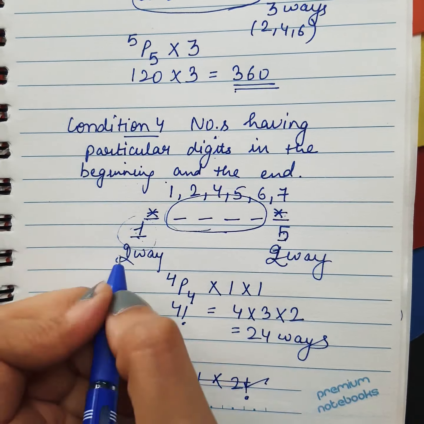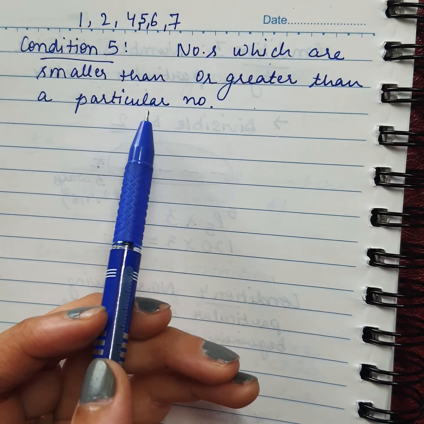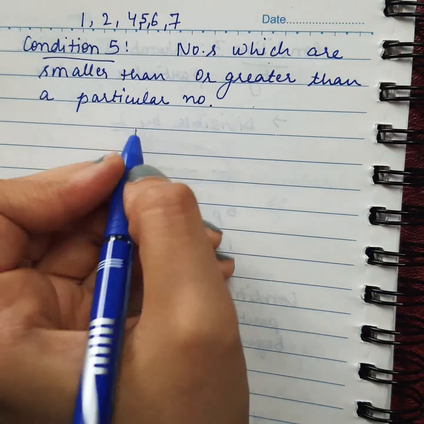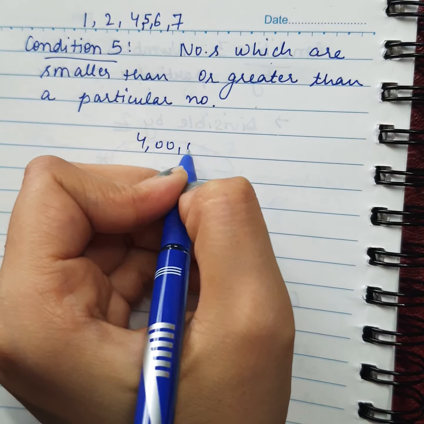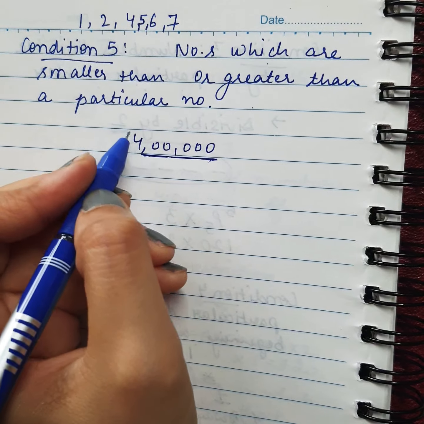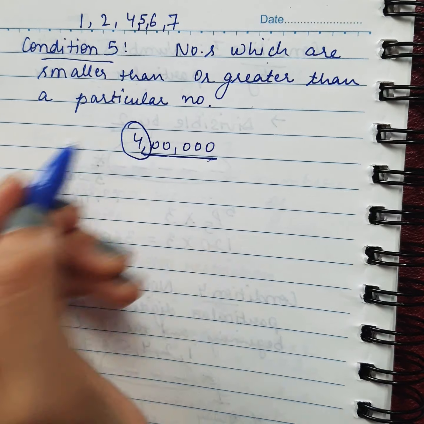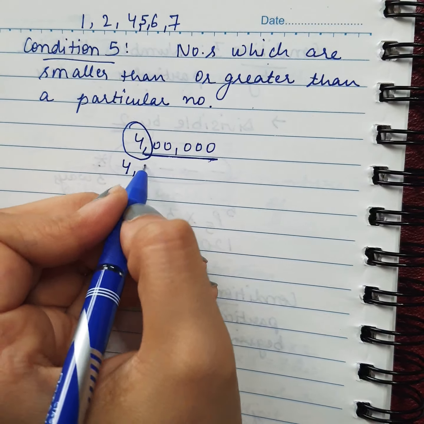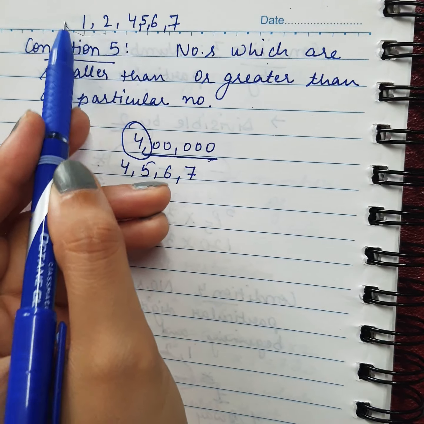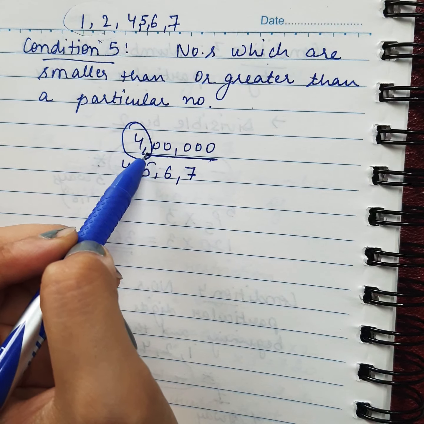Next and last condition: numbers which are smaller than or greater than a particular number. Now suppose we have to form numbers which are greater than 4 lakh. So for all those numbers which are greater than 4 lakh, in this place I can substitute either 4, 5, 6 or 7. If I substitute anything less than this, then the number will be less.